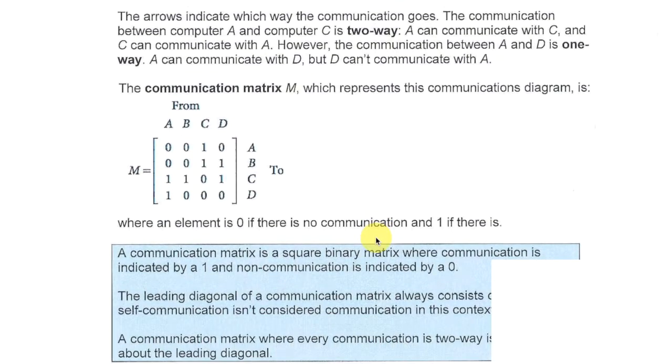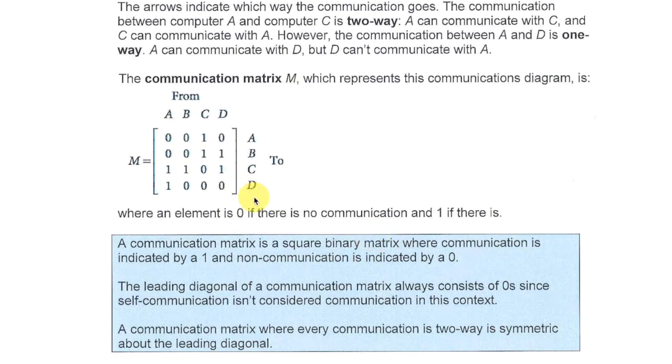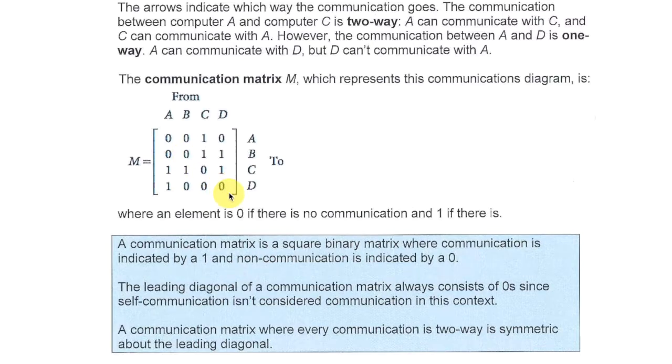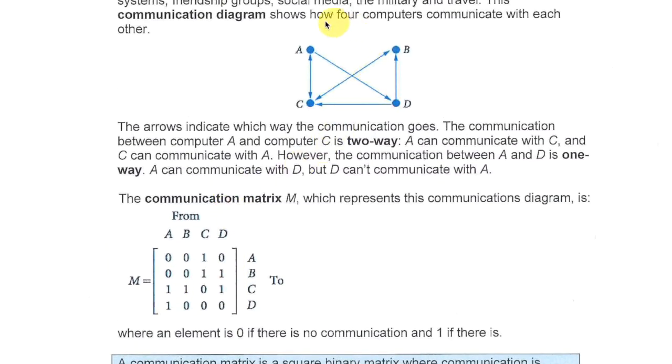Now what you'll notice is that with this communication matrix, it's what we call binary, in that it consists of only 1s and 0s. The leading diagonal will always consist of 0s. And if the communication diagram has connections with double head arrows everywhere, that means that every link is a two-way communication.